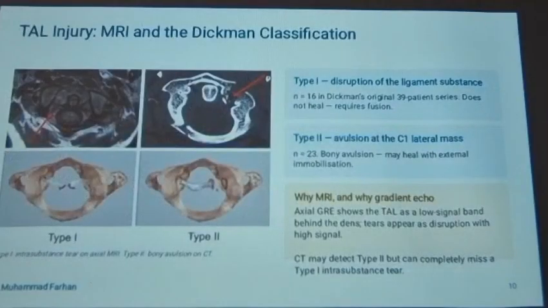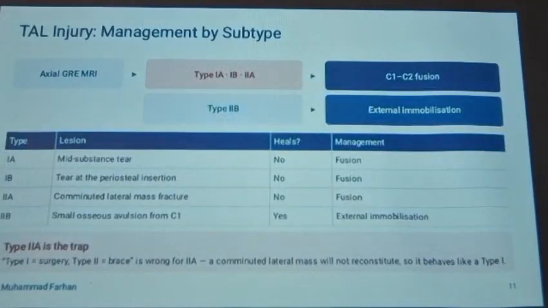There may also be an associated fracture in type 2. Type 1 is very unstable. When there is a tear in the ligament, in the type 1 Dickman classification, there is instability, so we may need to fix or fuse the C1 C2.